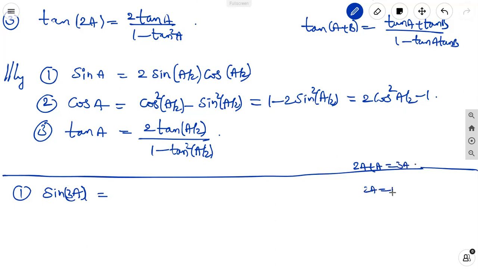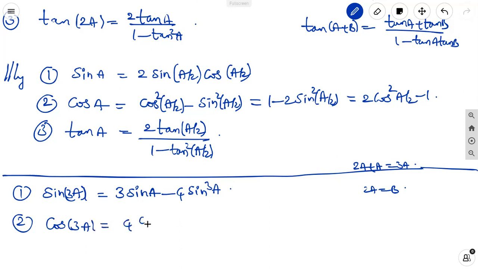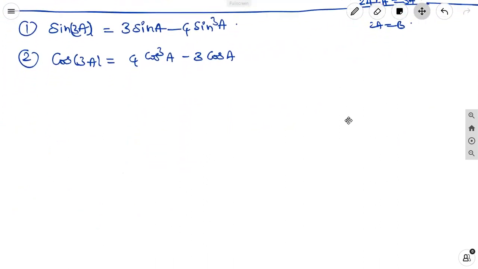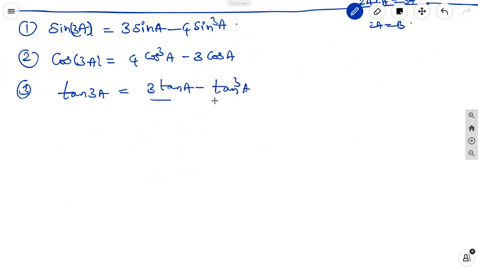So taking 2A and A, we substitute in the basic formula. After simplification, we get 3 sine A minus 4 sine cube A. The second one is cos of 3A is equal to 4 cos cube A minus 3 cos A. The third one is tan 3A equal to 3 tan A minus tan cube A by 1 minus 3 tan square A.